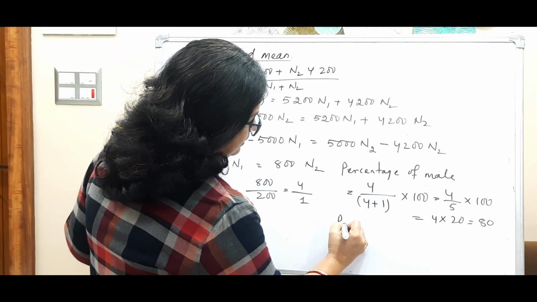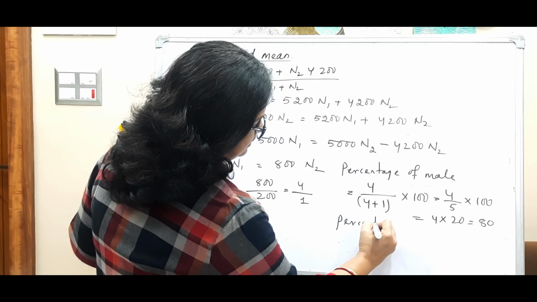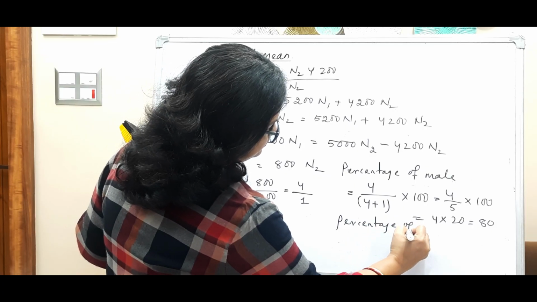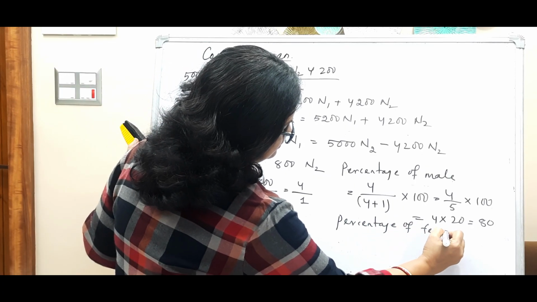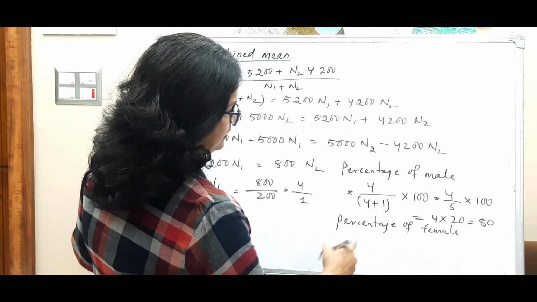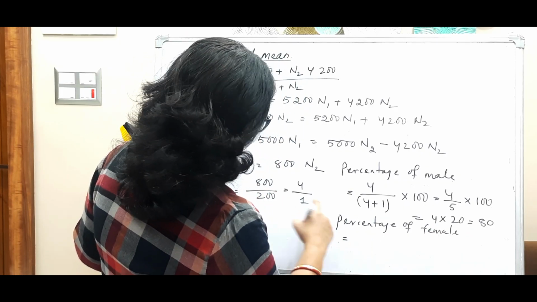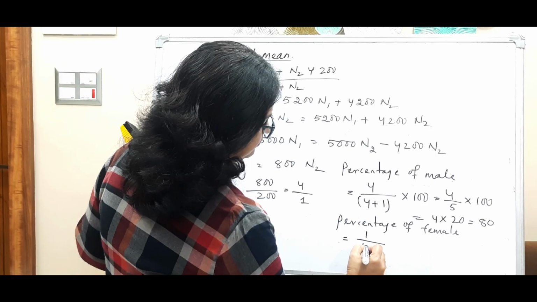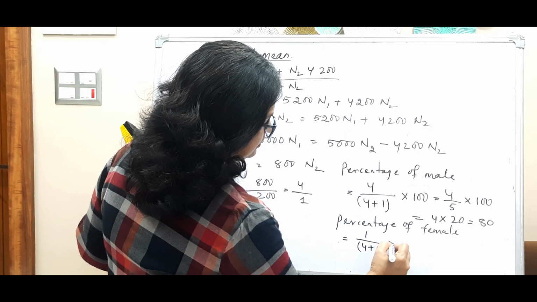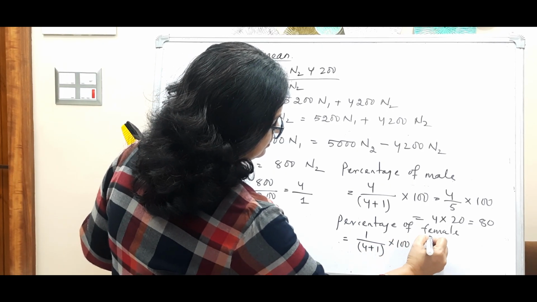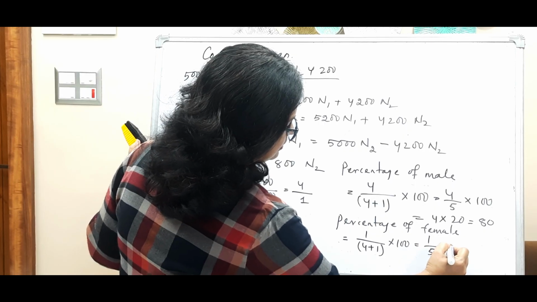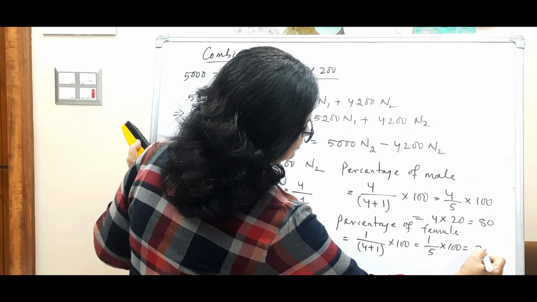Percentage of female equal to 1 divided by 4 plus 1 into 100, which is equal to 1 by 5 into 100, which is equal to 20.